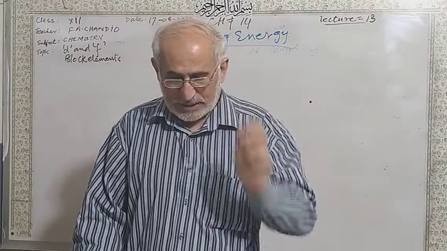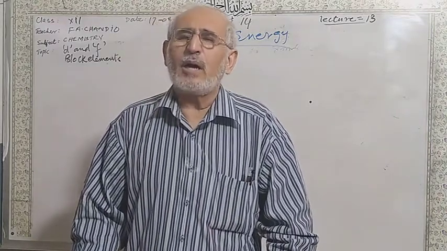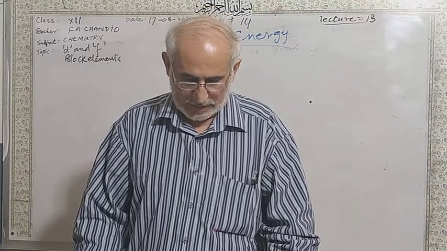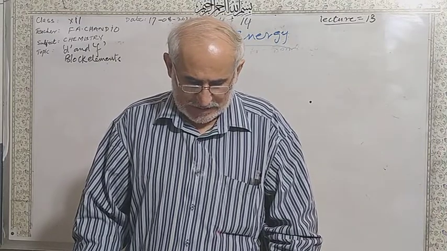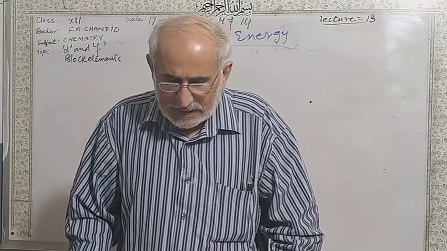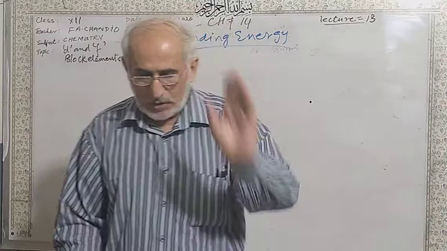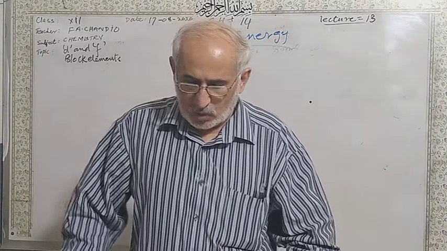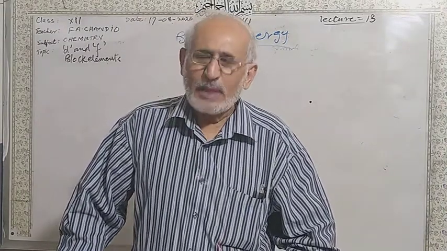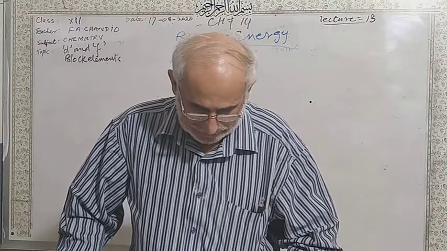So starting from scandium, scandium, titanium, vanadium is a maximum. In the 5B group, vanadium is a maximum, then decreasing chromium, highly decreased to manganese, then increased to iron, cobalt, nickel, then decreased to copper, and finally bottom to the zinc.